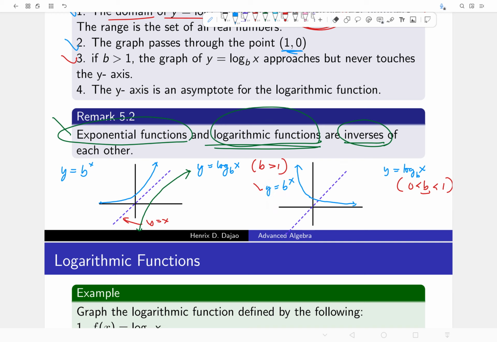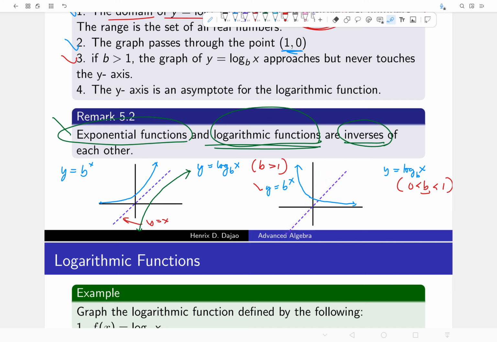So now it's time for us to graph this. When your b is between 0 and 1, just sketch the reflection of this with respect to this line. This is the mirror, the reference.